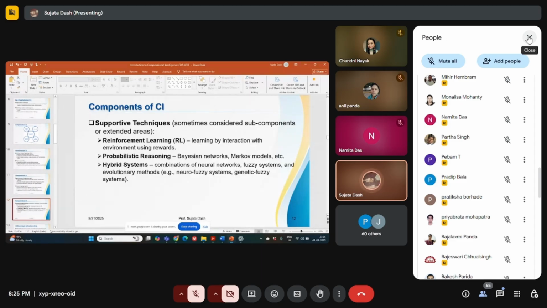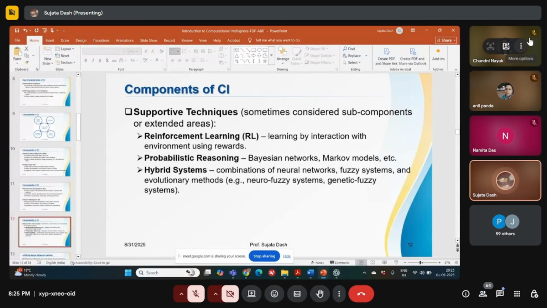Then supportive techniques. Apart from the main components like ANN, fuzzy logic, and swarm intelligence, you can find some supportive techniques that often work alongside or extend the CI methods to make them more powerful. Some of the supportive techniques are reinforcement learning.